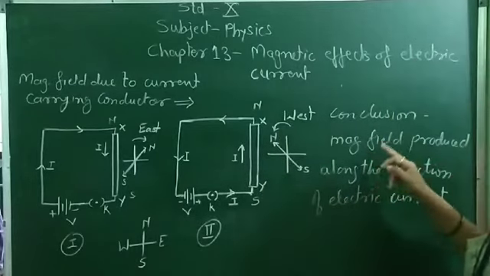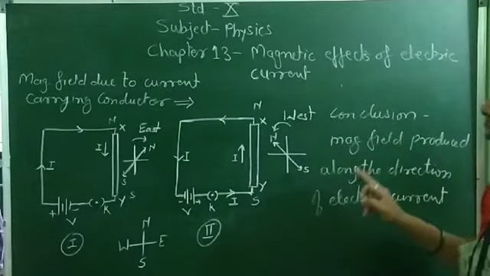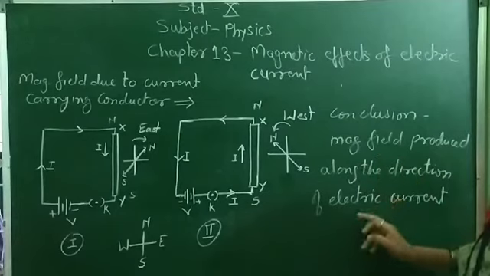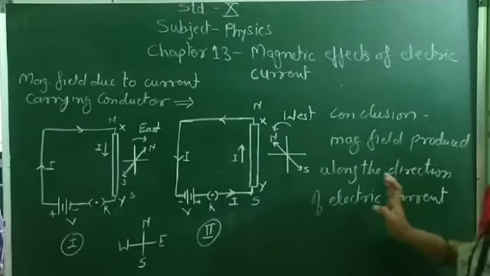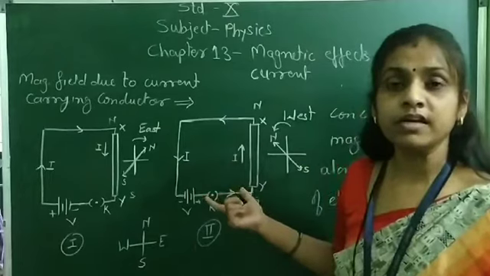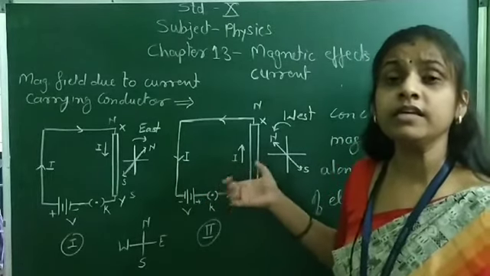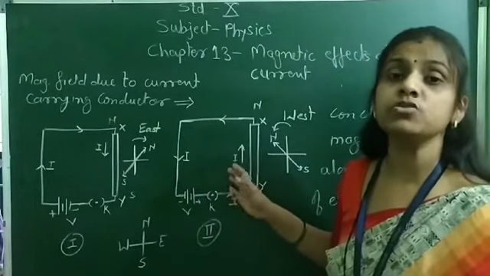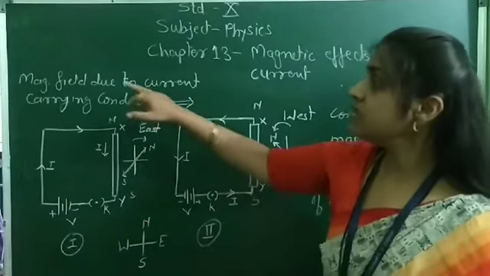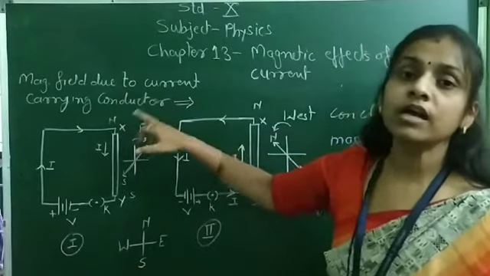So from this we can say that the magnetic field is always produced along the direction of the electric current. If the direction of the electric current is changed, the direction of the magnetic field also changes. So this is the magnetic field due to a current carrying conductor.